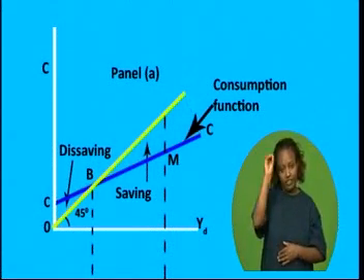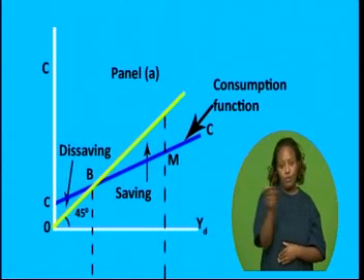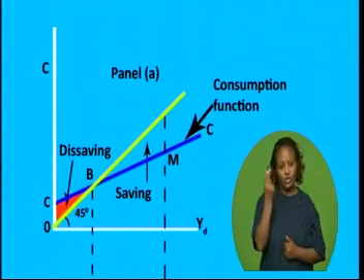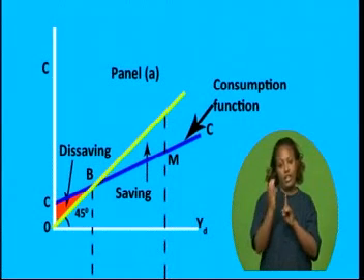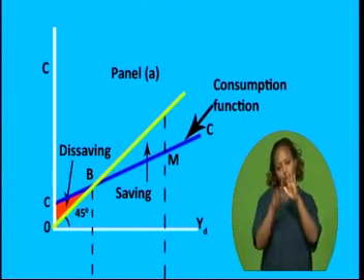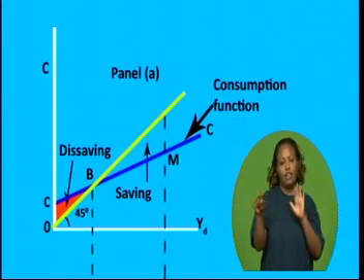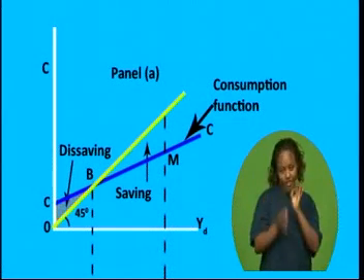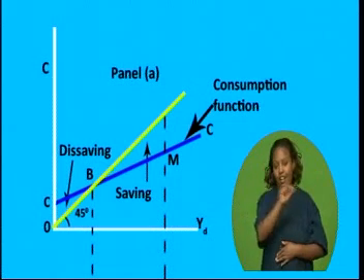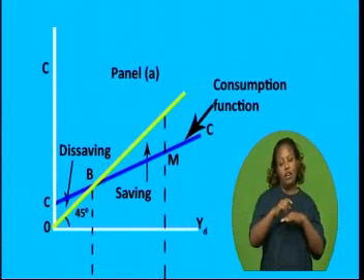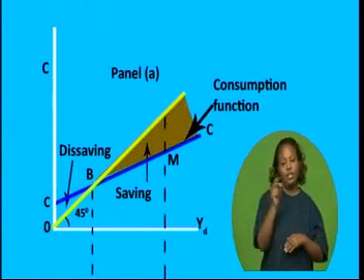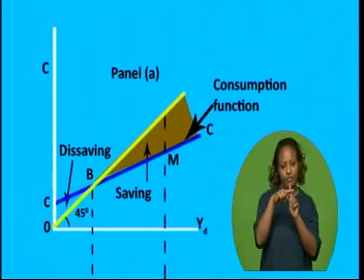If the 45-degree line lies below the consumption line, as is the case for relatively low levels of income, then saving is negative. If the 45-degree line lies above the consumption line, then saving is positive.